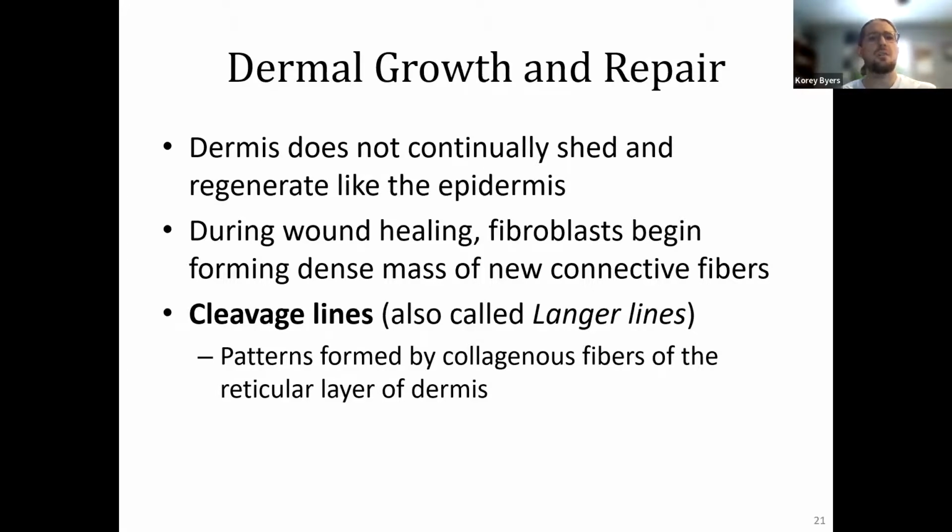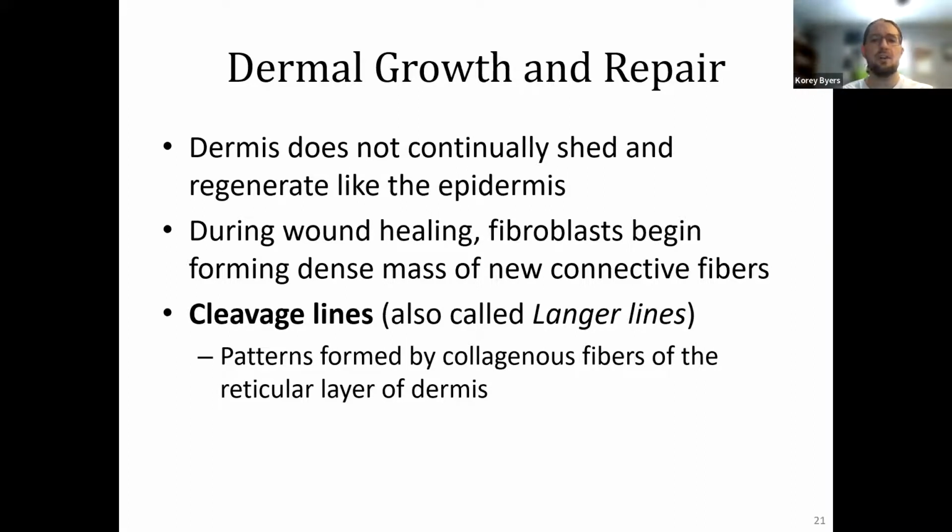So if there is a wound in the dermis, you're going to see that, because it has to sew itself back together. And so it's not going to do so in that nice smooth area that happened when your dermis formed. And so it's going to scar usually. Usually a superficial wound in the epidermis doesn't always scar, or if it does, it's hard to tell after a while, because those cells are shed and replenished. The dermis isn't like that.